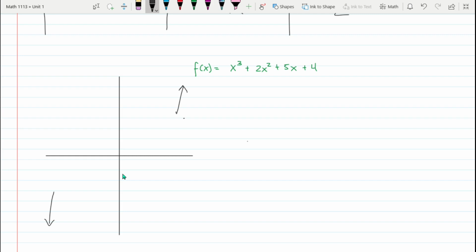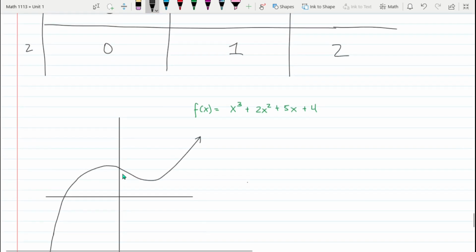I don't want to get into too many details to the graph, but I'm going to say, well, what if this is the case where it goes like this? Okay, where it touches once and it goes up like this.